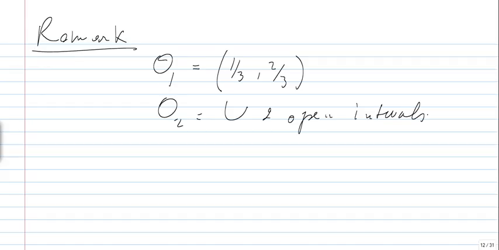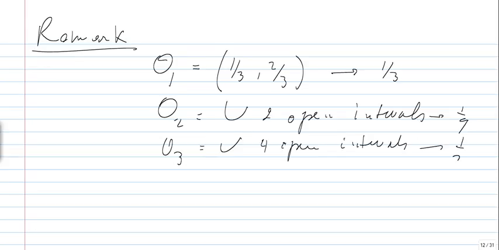O1 has a length of 1/3, and here we have two disjoint intervals with a length of 1/9 each. In O3, we have a union of four open intervals that we removed. They are disjoint, and each one of them has a length of 1/27.